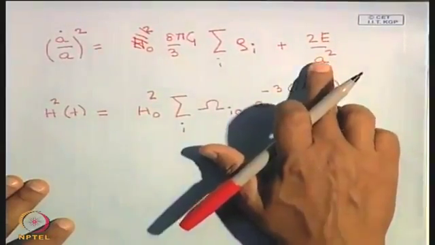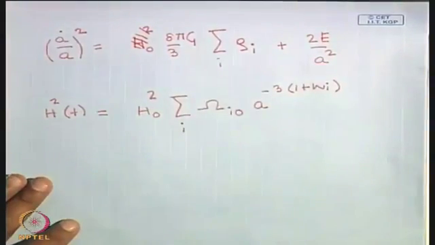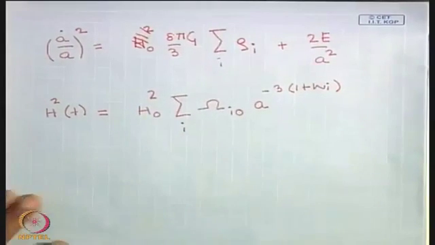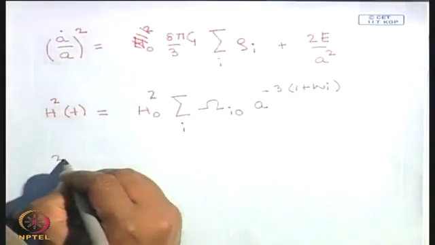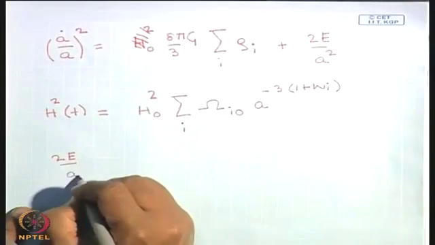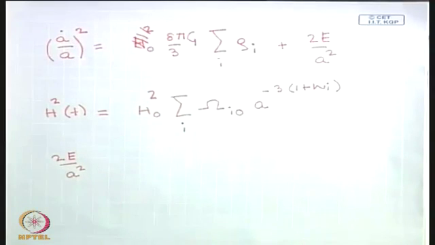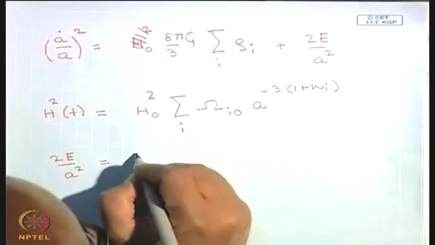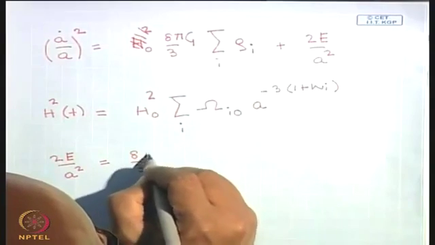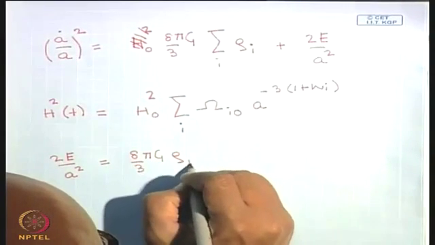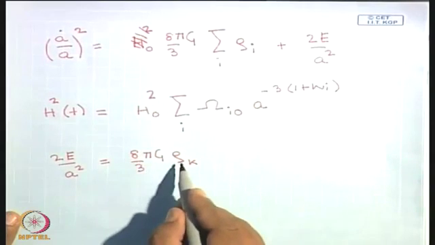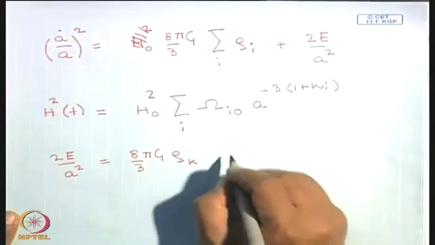In this process we have also included this. So what have we done? We have included this term 2E by a squared as a fictitious constituent of the universe. This term actually corresponds to the spatial curvature of the universe, and we are representing it as a fictitious density.